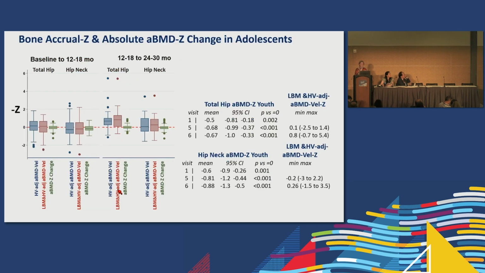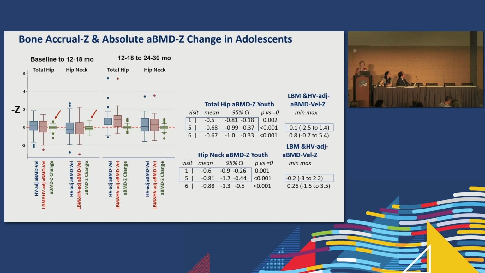Looking at this slightly differently, I want to actually give you the values. Again, looking at our adolescents, focusing on total hip and neck. Here is the absolute change over that 12 to 18 months, and 24 to 30 months. And here what you're seeing is that they're going from negative 0.5 to negative 0.68, negative 0.6 to negative 0.81. So not huge decreases, but they're there.